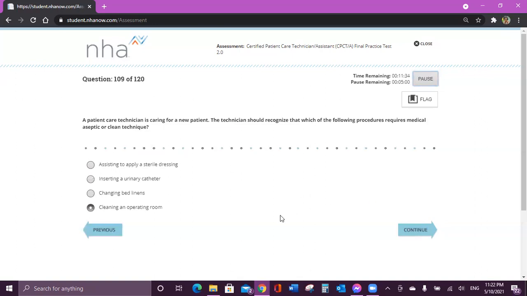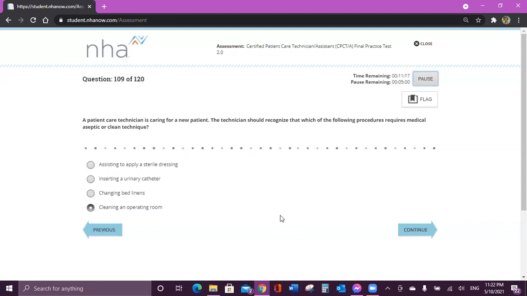A patient care technician is caring for a new patient. The technician should recognize that which of the following procedures requires medical asepsis or cleaning technique?